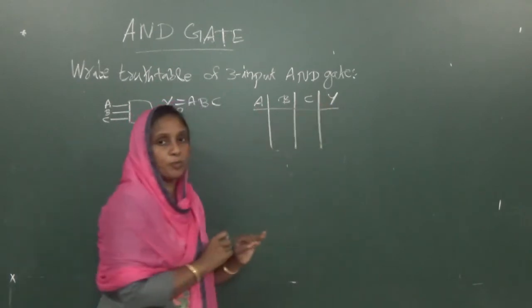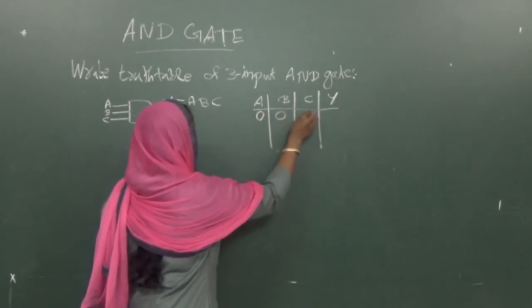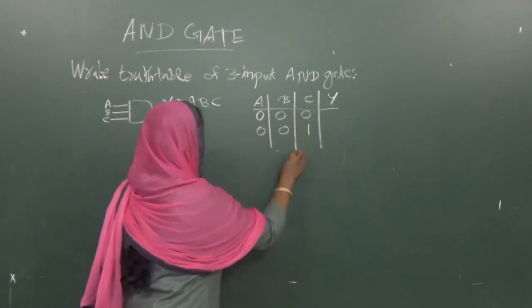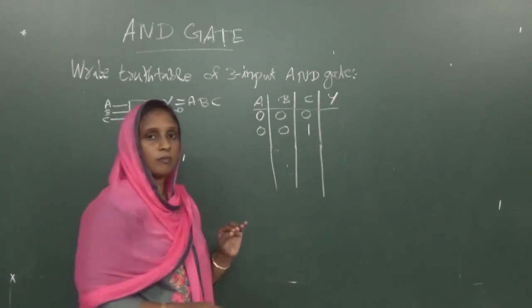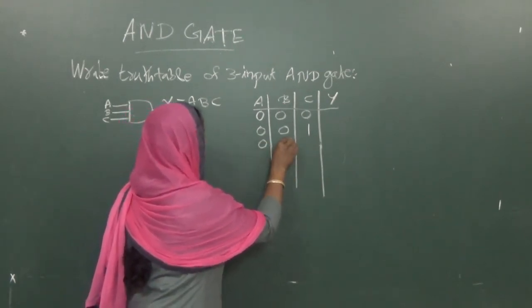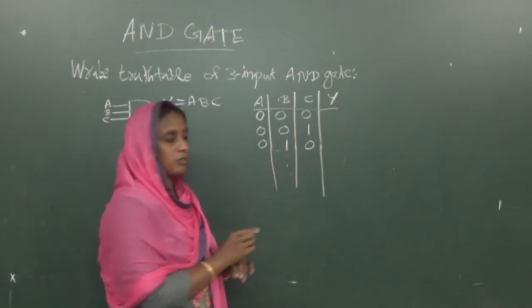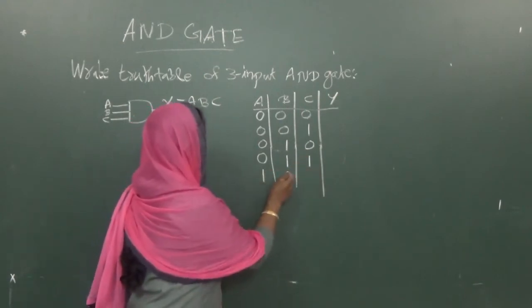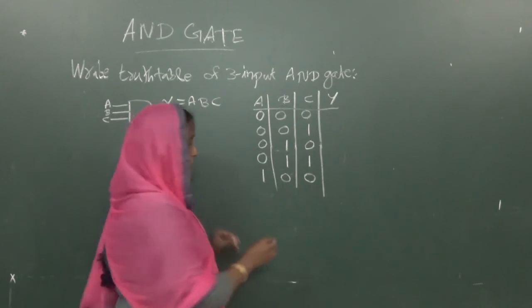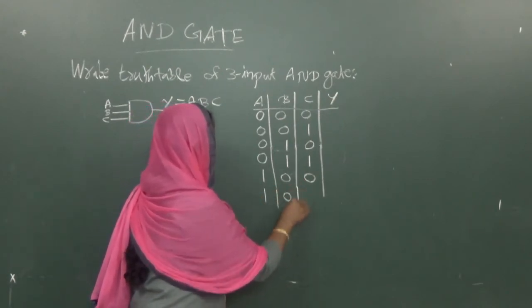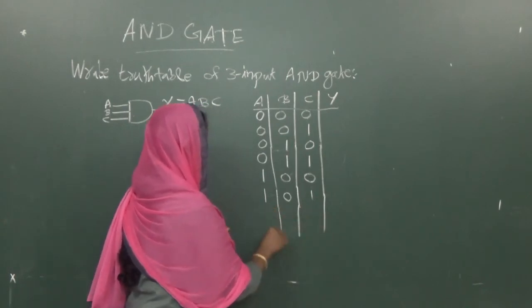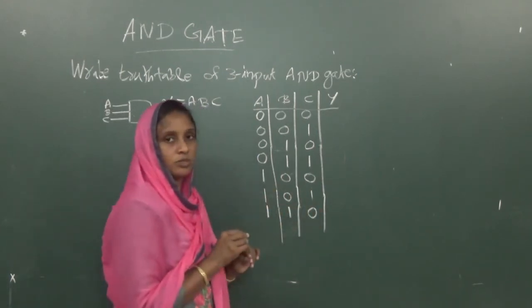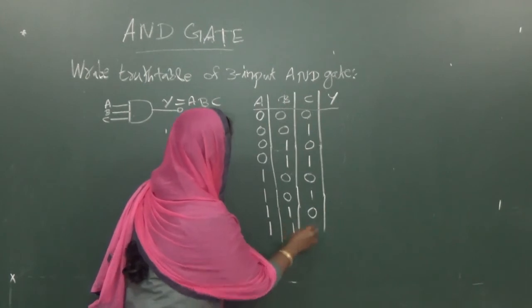Now we can write all the combinations: 0, 0, 0, then 0, 0, 1, then 0, 1, 0, next 0, 1, 1, then 1, 0, 0, then 1, 0, 1, then 1, 1, 0, then 1, 1, 1.